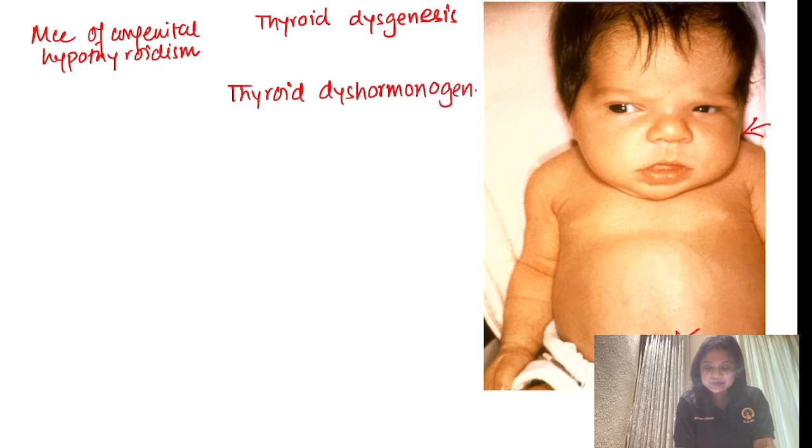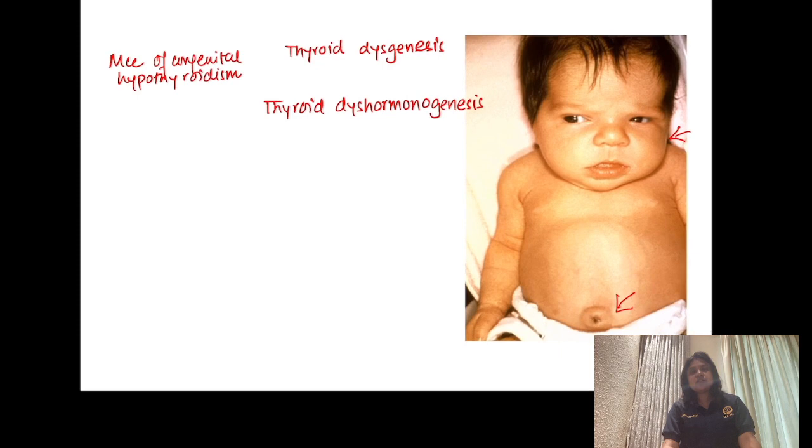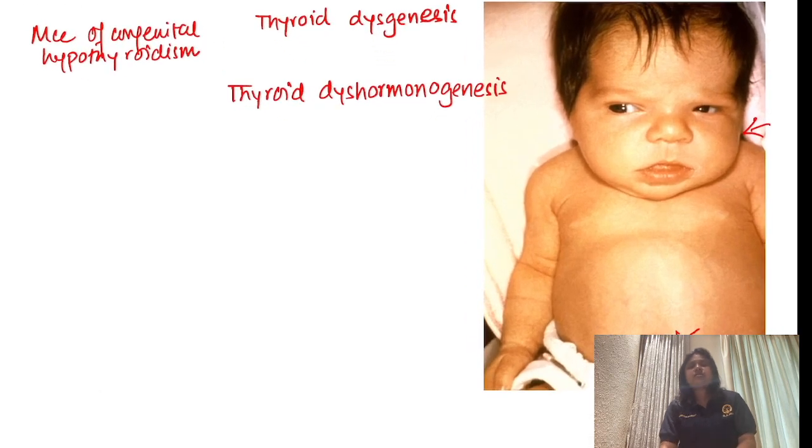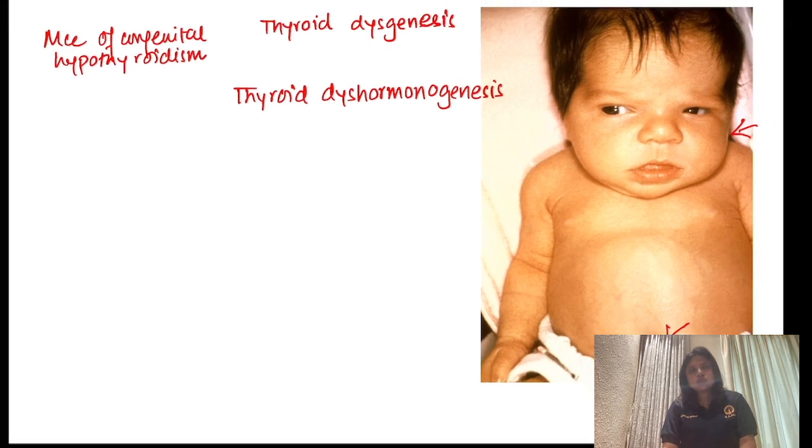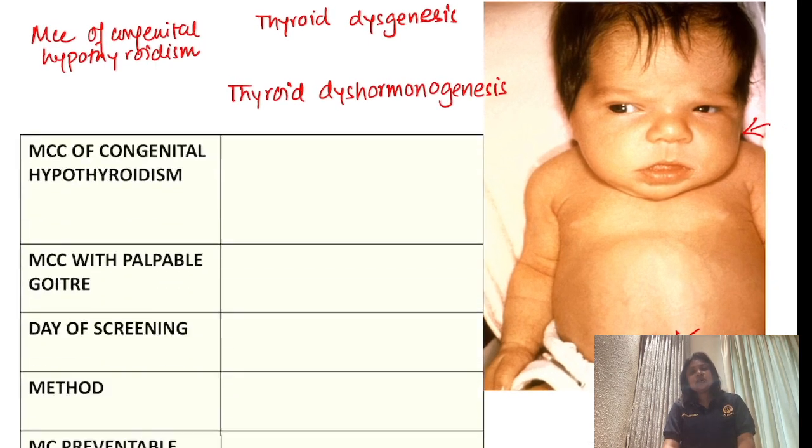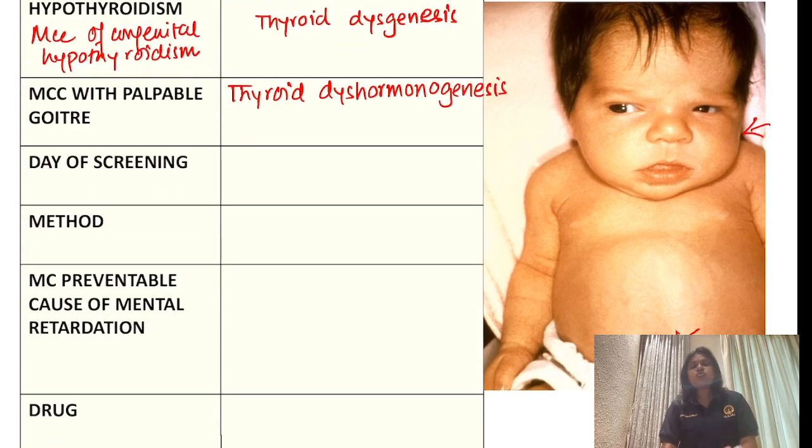And in thyroid dysharmonogenesis, the most important is the organification defect. The problem is with the organification defect.